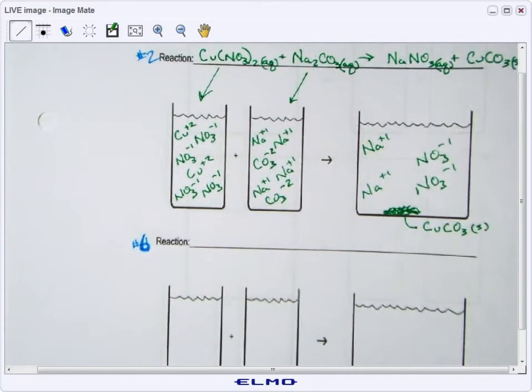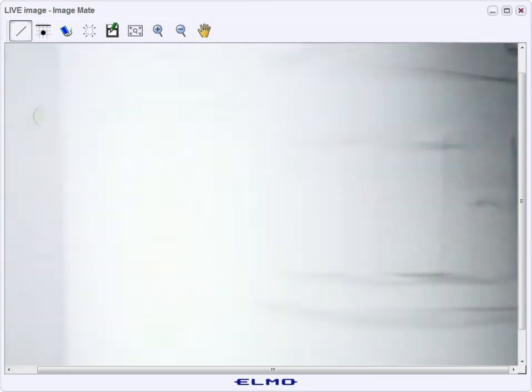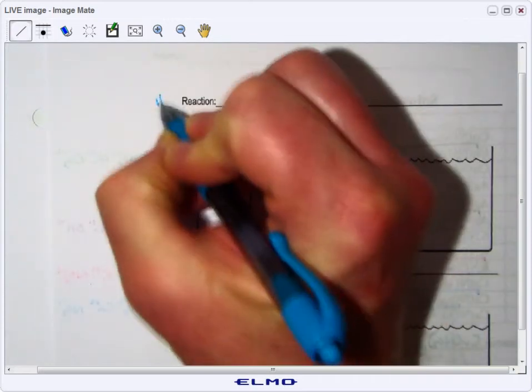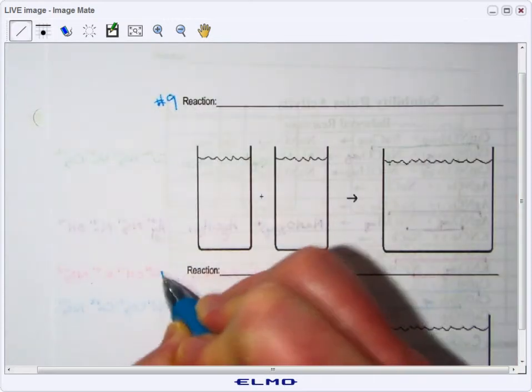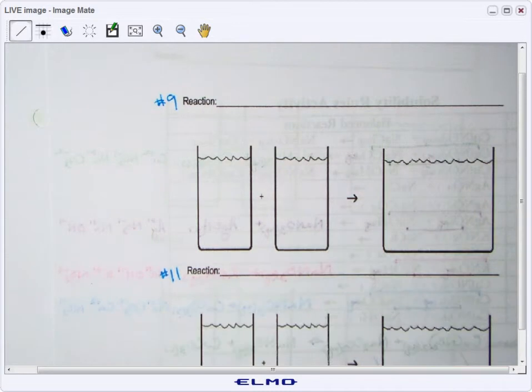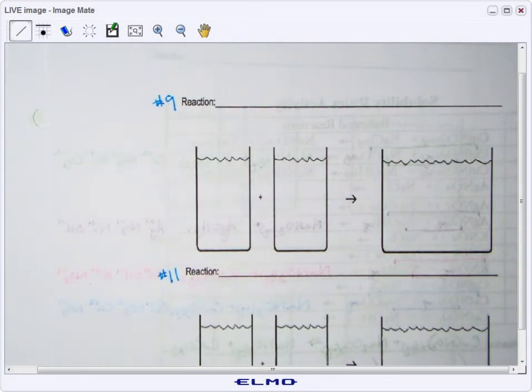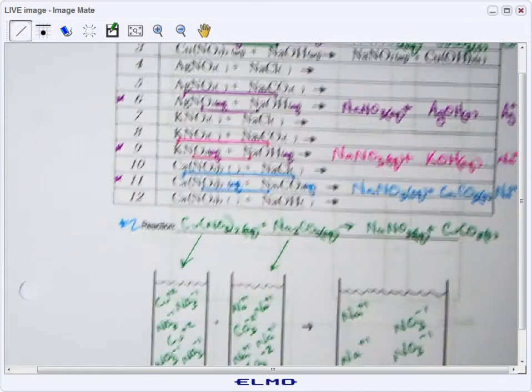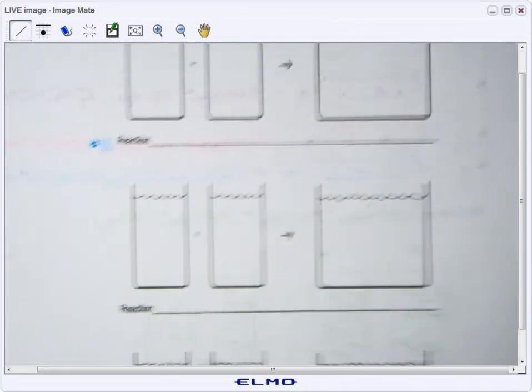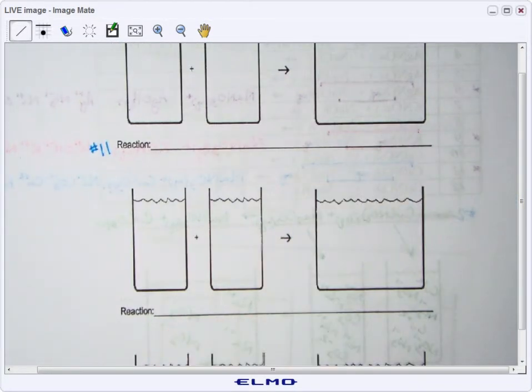I'm going to let you guys get by. Number 6, number 9, and number 11. Okay? Yeah, you can leave the last one blank. So all you're going to do is sit there and draw the diagram. We've already done the problem, so all you have to do is recopy the reaction down and then draw the diagram on what is happening. Okay?